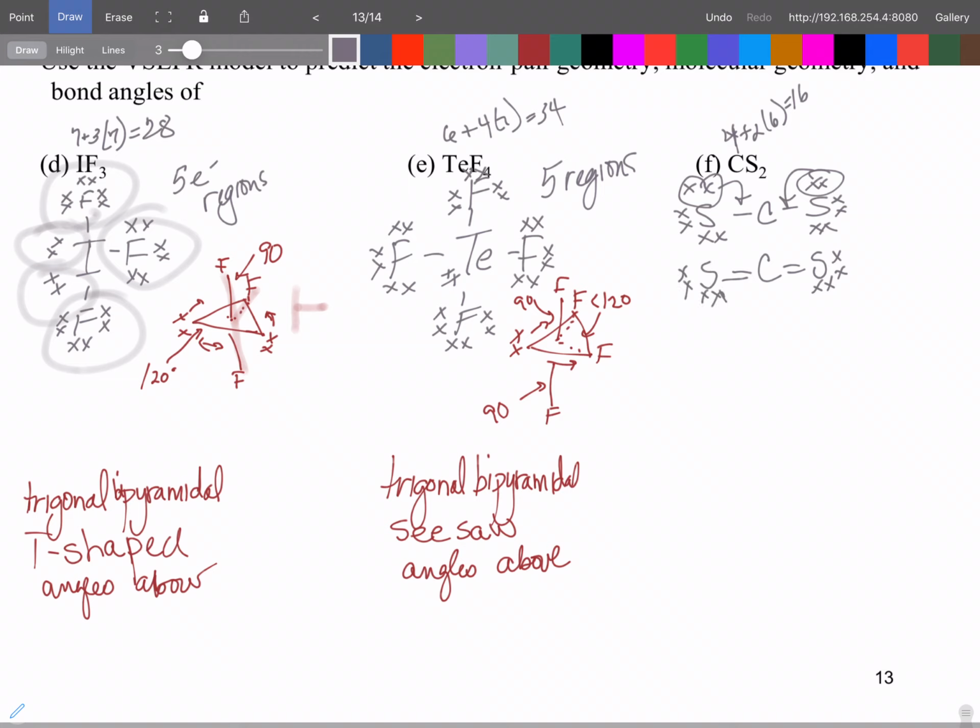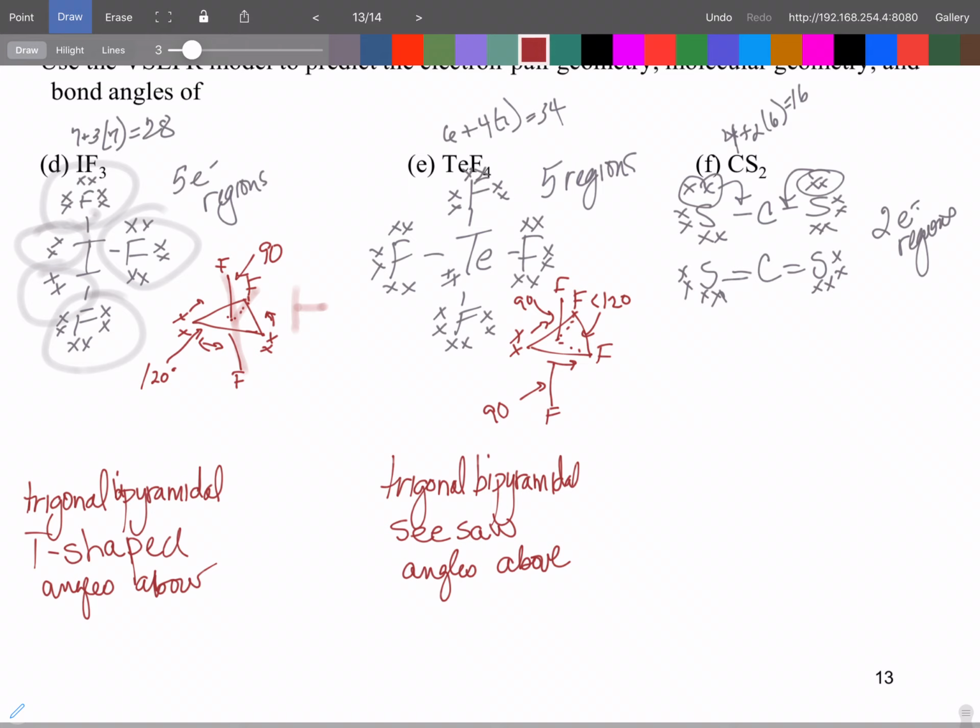And in that case, does it matter if you have 2 double bonds or 1 double bond, a single bond and 1 triple bond? No, because the electron regions don't change. So we have 2 electron regions because remember, multiple bonds count as a region.